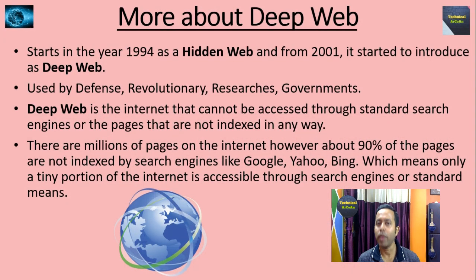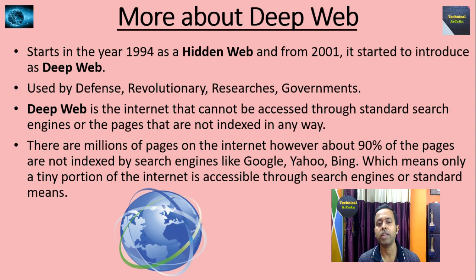Now more about the deep web. It started in the year 1994 as the hidden web, and from 2001 it was introduced as the deep web, okay? Used by defense, revolutionary groups, researchers and governments, right? The deep web is the internet that cannot be accessed through standard search engines, or the pages that are not indexed in any way, okay?